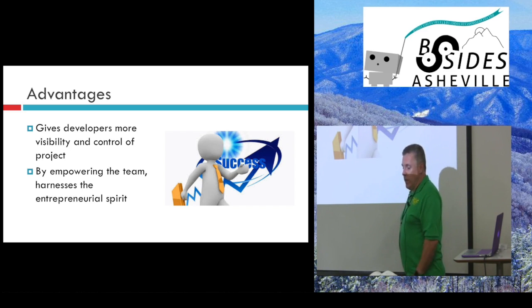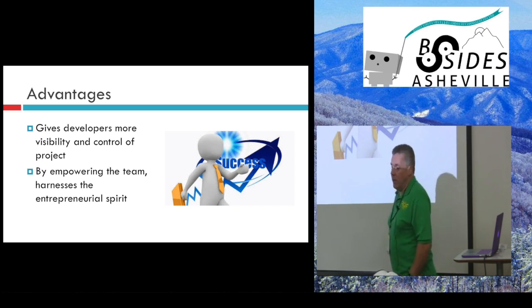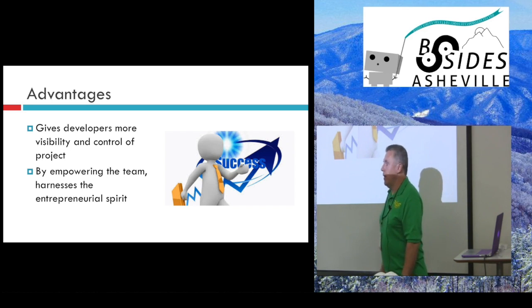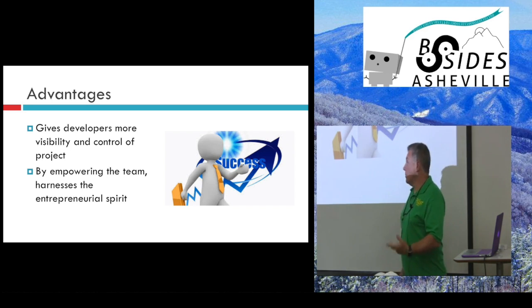So it truly does give developers a lot more visibility and control of the project. Part of what the development teams have complained about in Waterfall is it takes you 2 years to come up with a plan of how we're going to do all this. And by the time we get a plan and you can actually start working on it, it's too late.